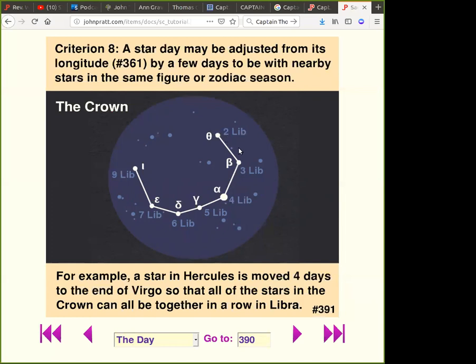So here the stars are in order, and they're a little off from their longitude. For example, a star in Hercules is moved 4 days to the end of Virgo so that all the stars in the crown can be together and in a row. And there's going to be another one which is following the dots. We'll get to that next.